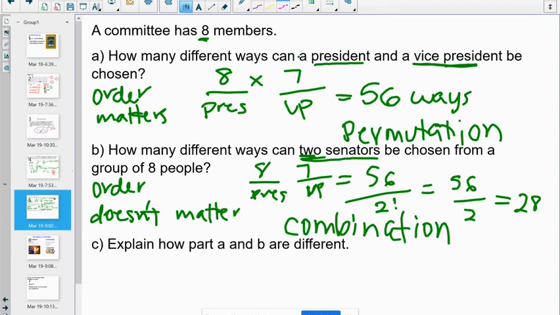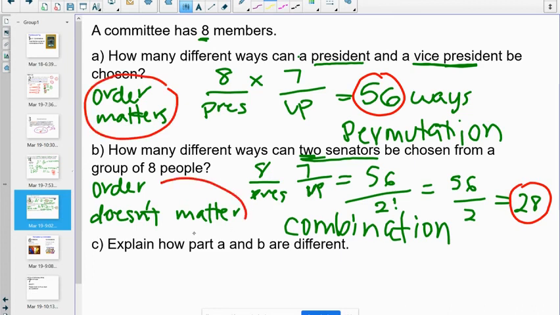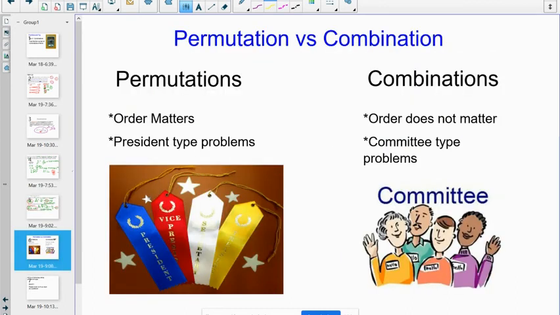And then how are they different? Well, in one, order does matter, and in the other, order does not. You can see that there are more outcomes in the permutation than in the combination. Remember, order matters in the permutation, and order does not matter in the combination. So now, again, this is just permutation versus combination. We're going to go into more depth in the next lesson.